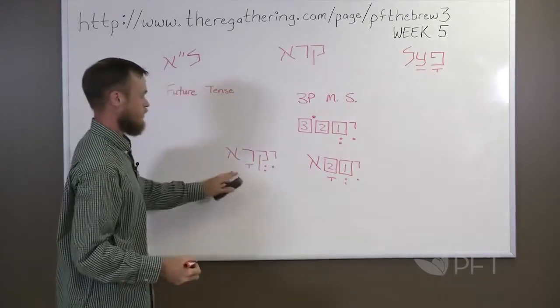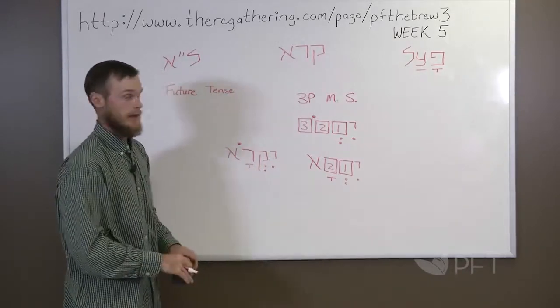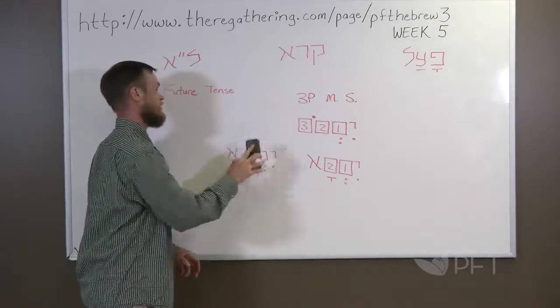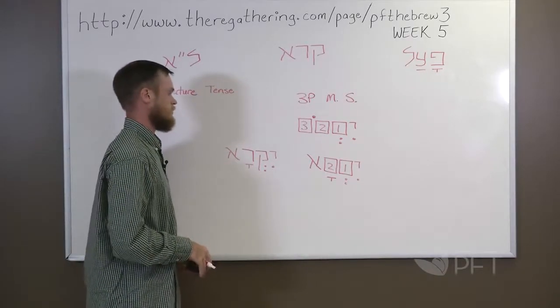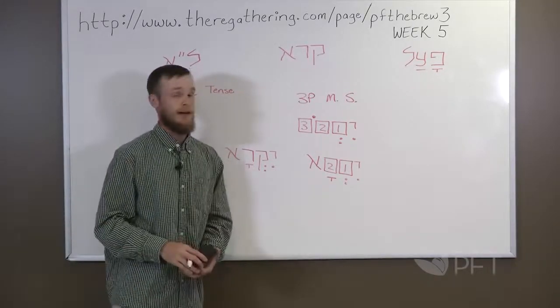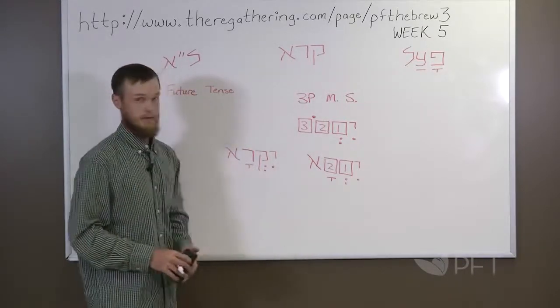We would say yikra and not yikro, because the lamed aleph uses a different vowel in front of the aleph. So you'll notice in the future tense that anywhere a cholam would be used in front of the aleph, it instead changes to a kametz.